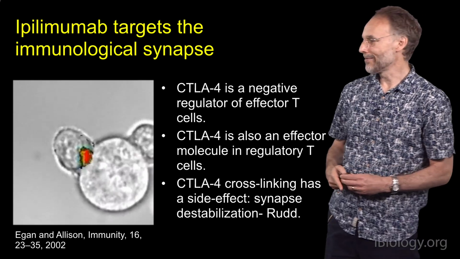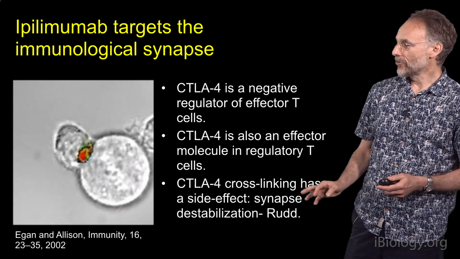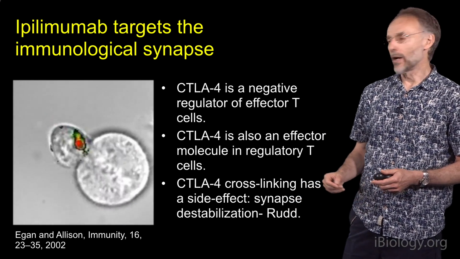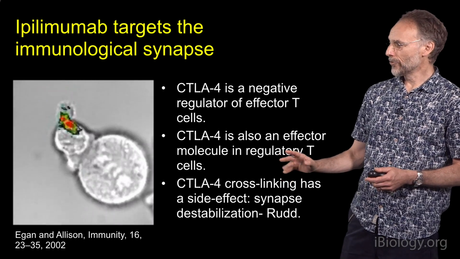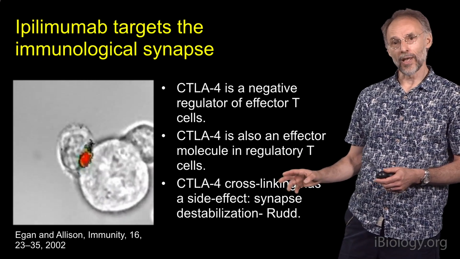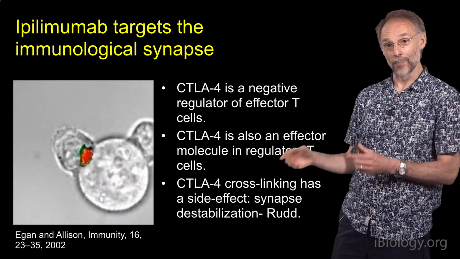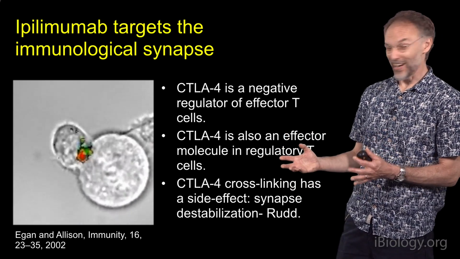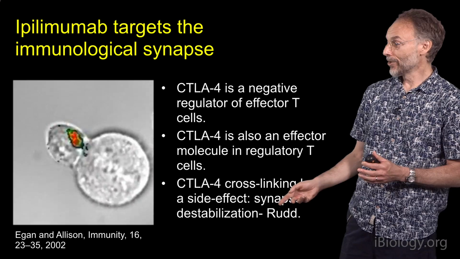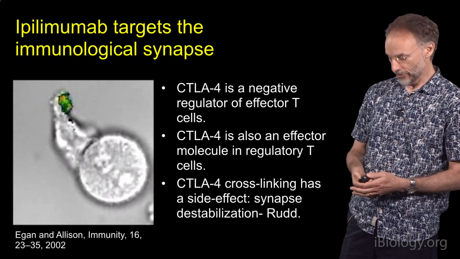I mean, all drugs have side effects. And in this case, it's synapse destabilization. So again, CTLA4, perhaps because it's involved in an axis that regulates protein kinase C theta, which I mentioned before as a synapse breaker, may enhance the activation of PKC theta, and in doing so, destabilizes synapses.